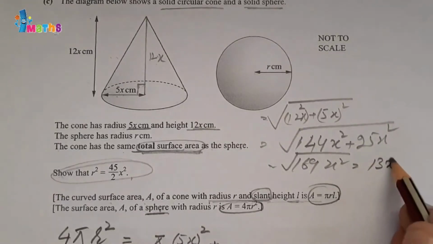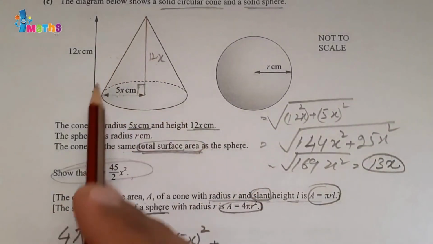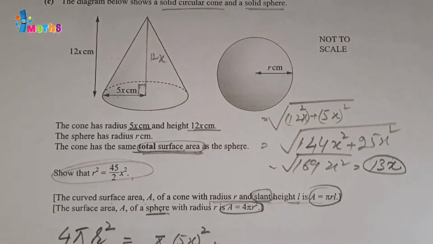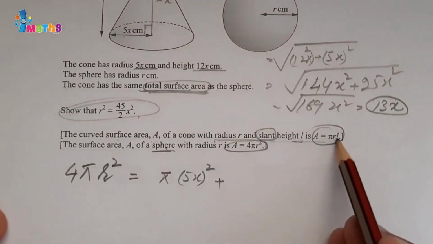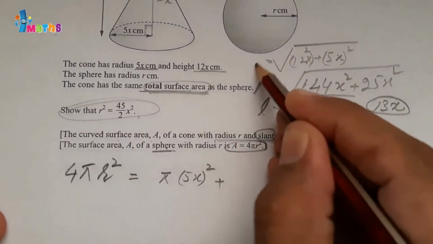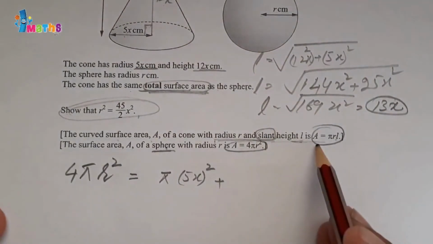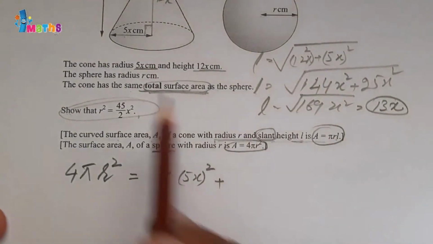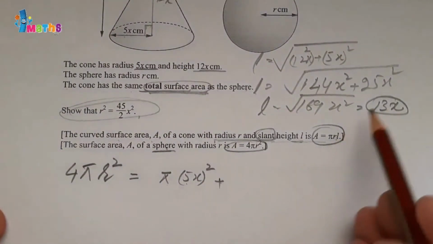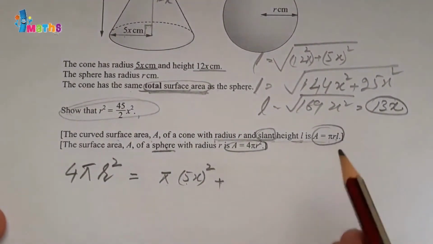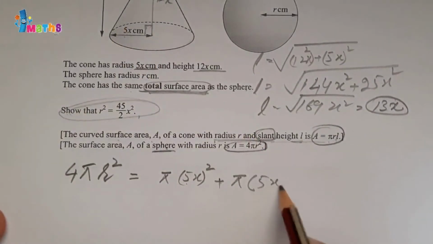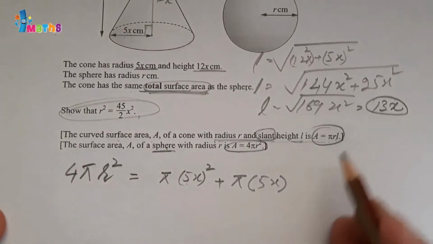So 13x will be this slanting height L. So the area will be this base, which is pi r square, plus pi r L, pi into r, which is 5x, multiplied by 13x.